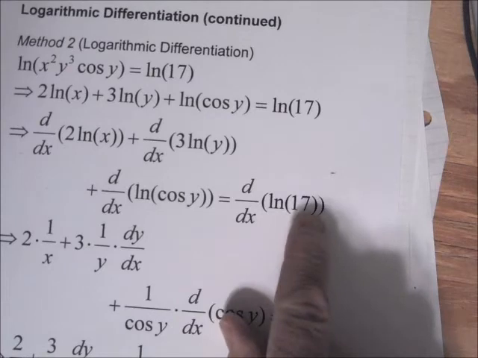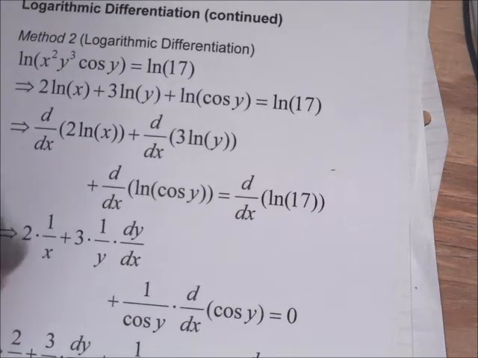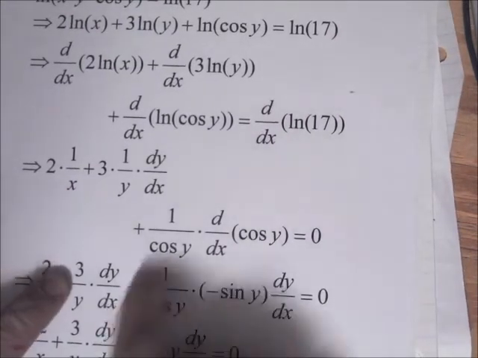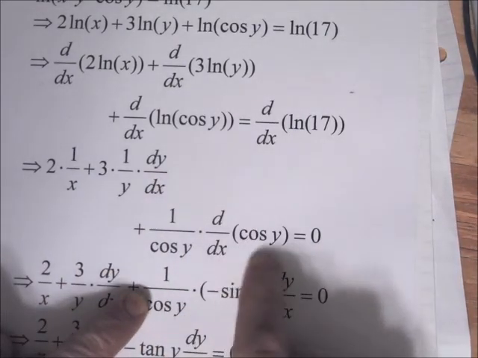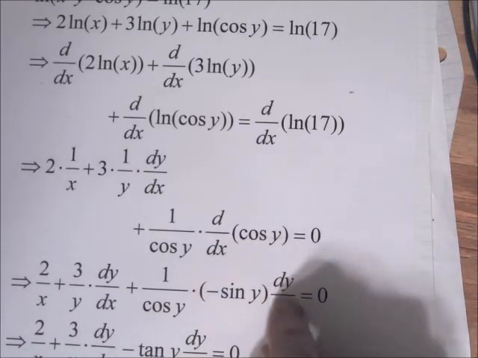The derivative of ln 17, the derivative of the constant, is equal to 0. So this first term is 2 over x, plus 3 over y dy/dx, plus 1 over cosine y times the derivative of cosine y, which is minus the sine y, and we have to apply the chain rule again and multiply by dy/dx.